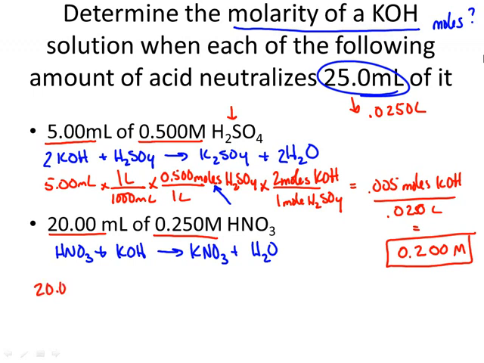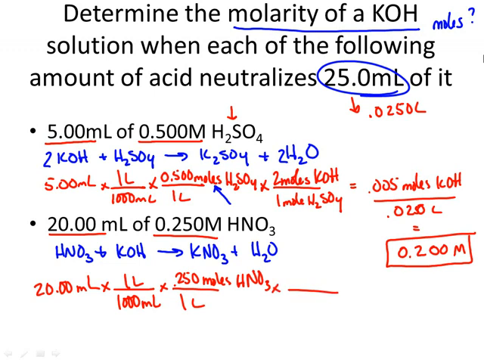And it's an identical process. Take my milliliters, change to liters, use my molarity to change to moles, and then use my mole-to-mole relationship to change from moles of what I have been given to moles of what I want.